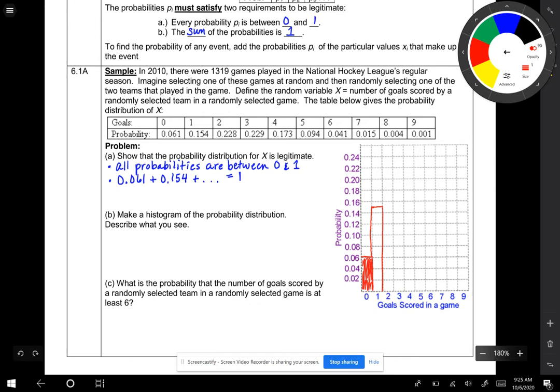I know I'm not going to be able to do a good job. Okay, the next one is 0.228, so about 0.3. Okay, next one's 0.229. It's really hard to do this when you're sitting down, but whatever. And for 4 goals scored, that's 0.173.